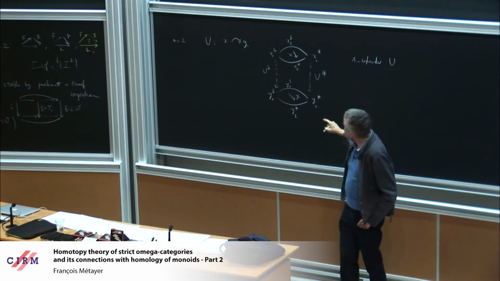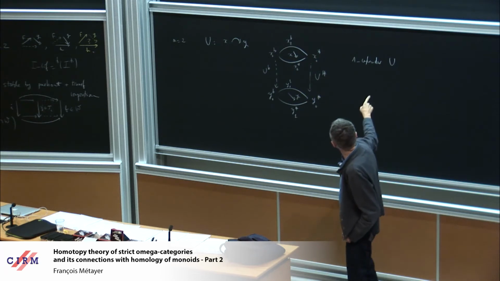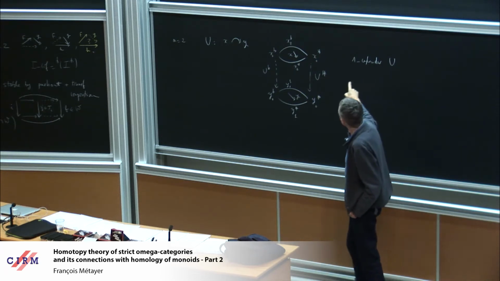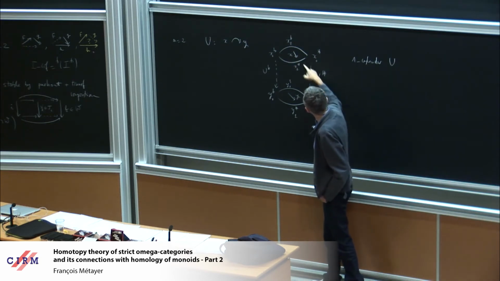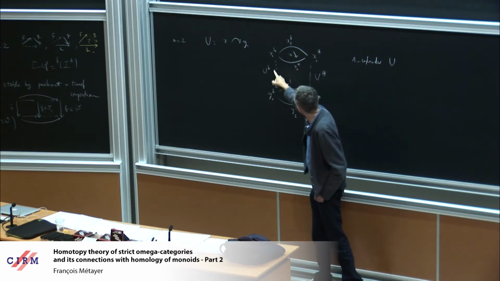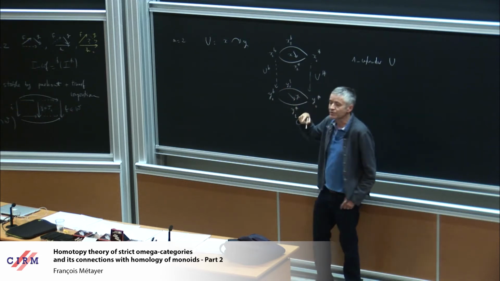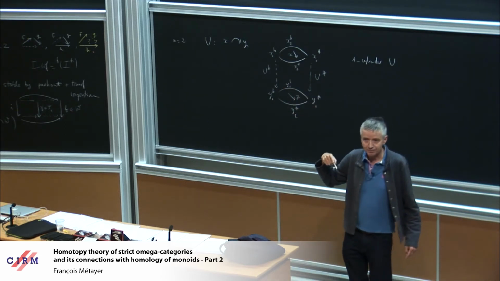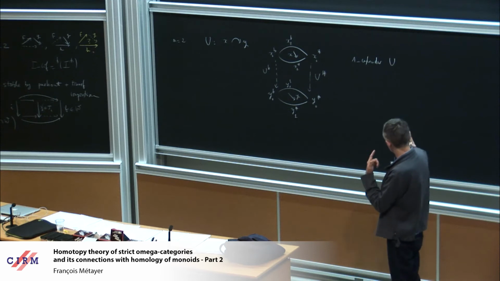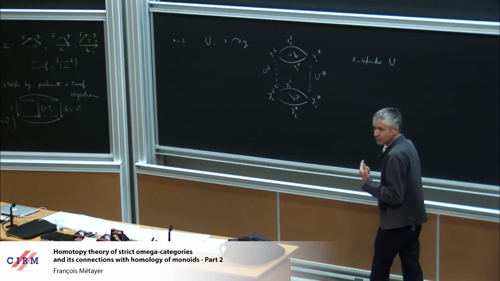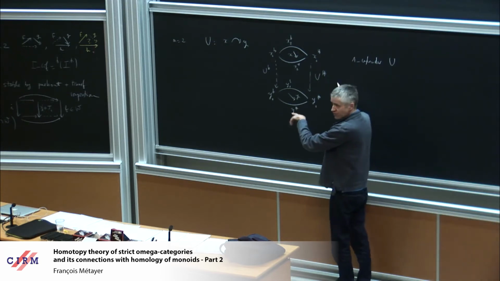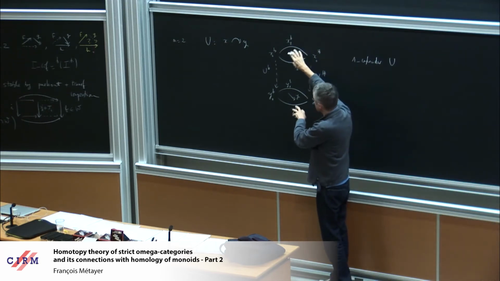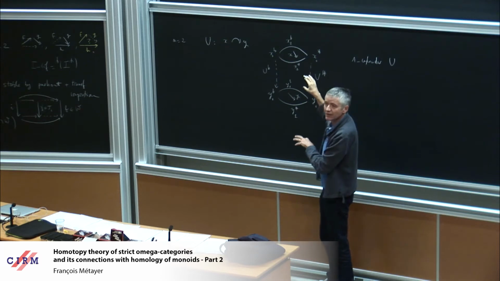So what's that cylinder? Now the top is this composite and the bottom is this composite here. So I have to understand what's the zero source and zero targets of these cells in the hom category.